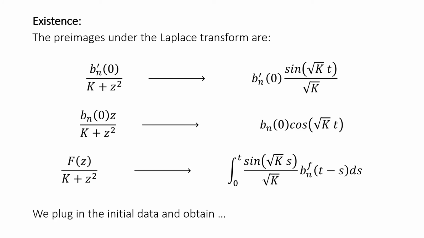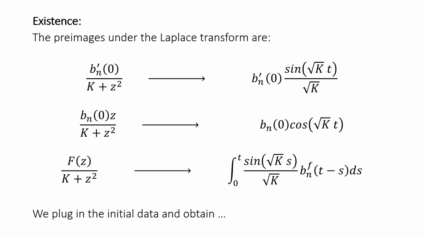bn(0) is just some constant term that we can factor out, and looking up the inverse Laplace transform from a table shows that the second fraction is the Laplace transform of the term bn(0) times cosine of square root K times t. Lastly, we have a look at F(z) divided by K plus z².